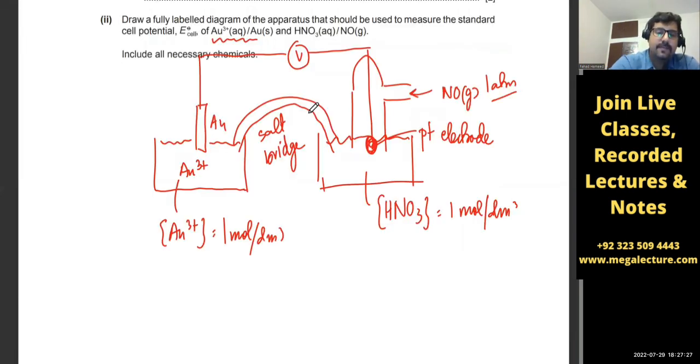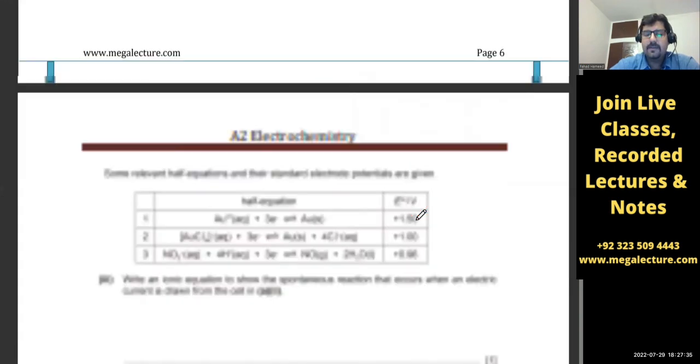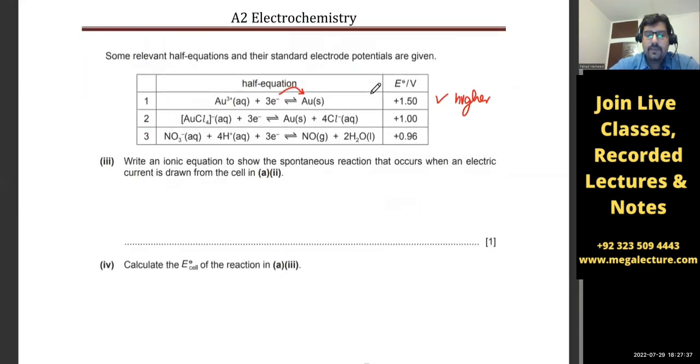That is your 1.50 volts. The other one is your NO and HNO3. They've given a table. So it's, I think, this one, and that's your lower potential. The NO gas with HNO3, that's the lower potential, and that's the one that's going to lose electrons, right? So these were the 2 electrodes.